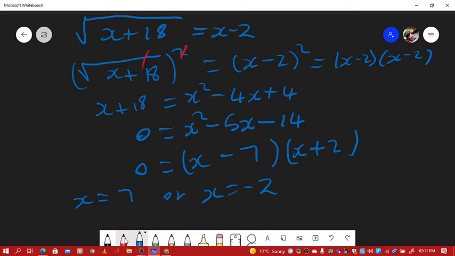So I'm sorry, I jumped a step. We have to say x minus 7 is equal to 0, or x plus 2 is equal to 0. Then you come to this step. You can also verify by substituting each of the x values into the original equation and check if it validates.